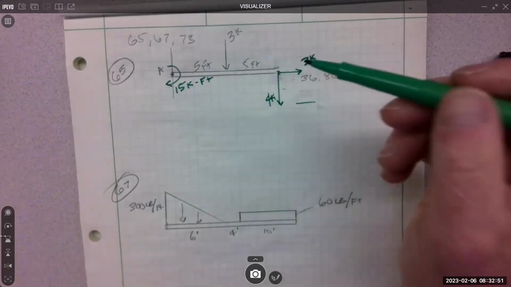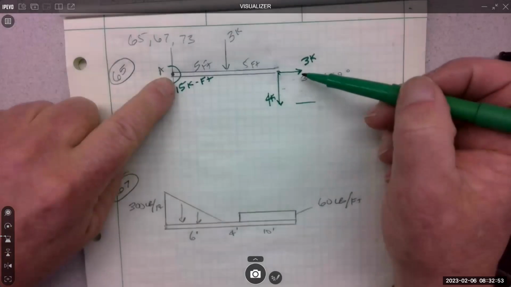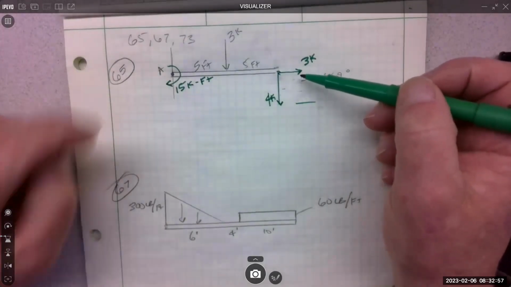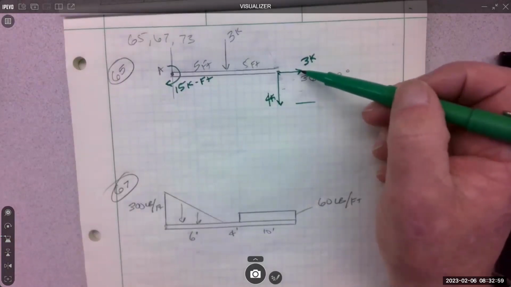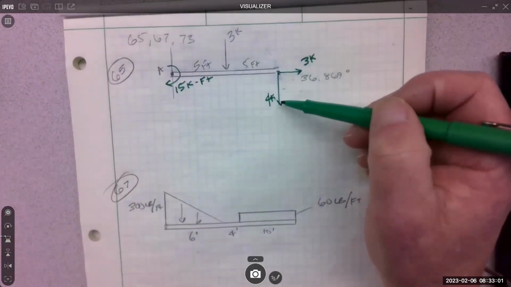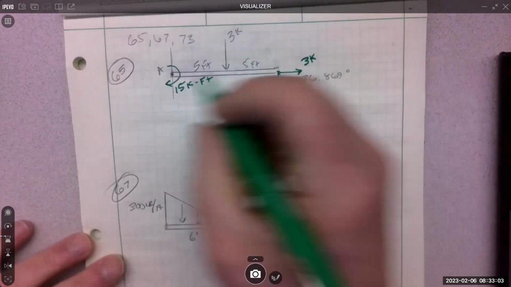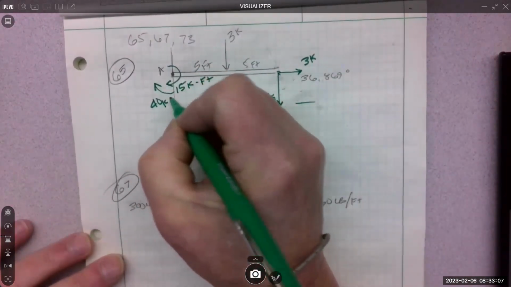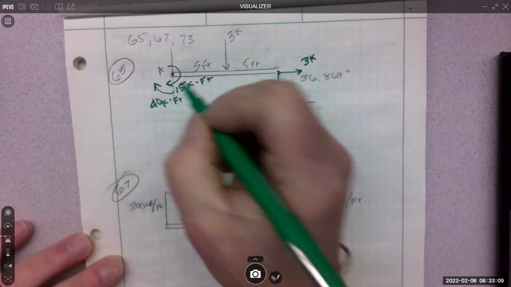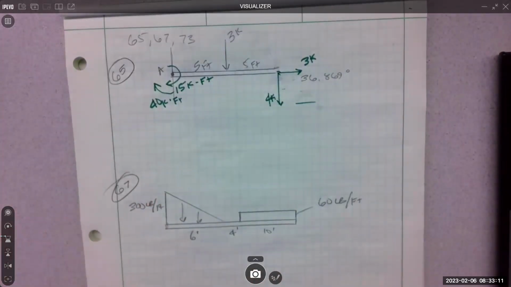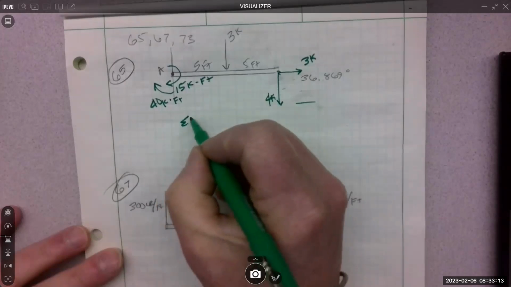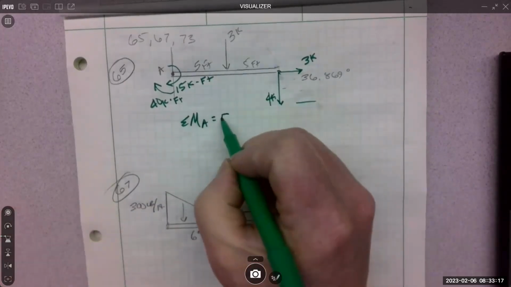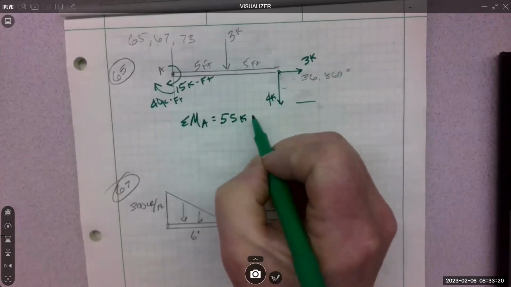What is the moment of the 3K about point A? 0, no distance. So it does not contribute to the moment. What about the 4K? Yeah, 4 times 10, yep, 40 kip feet. Excellent. What is the sum of the moment at A? 55 kip feet.